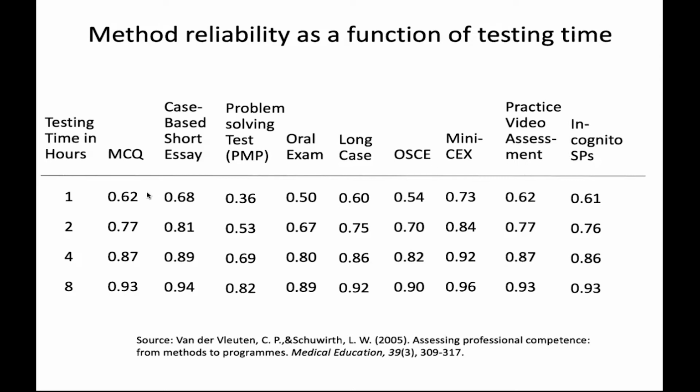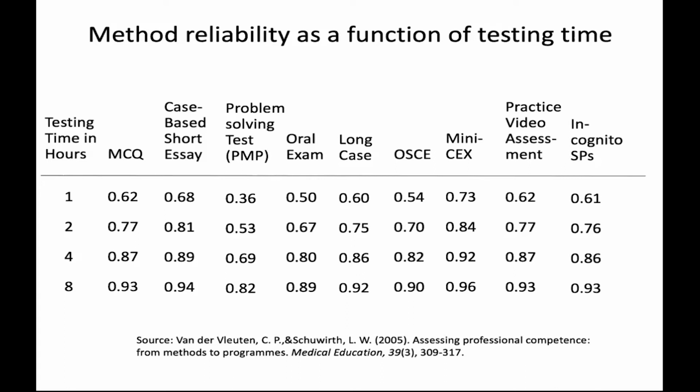Here are reliability coefficients, and they say that for a test that has consequences, you need at least a reliability of 0.80.